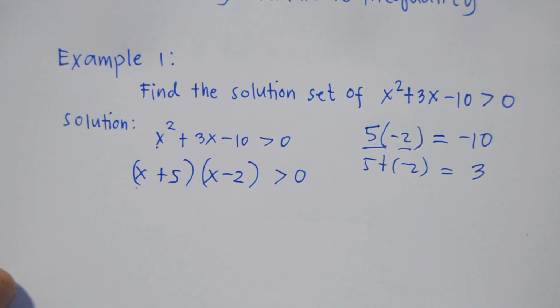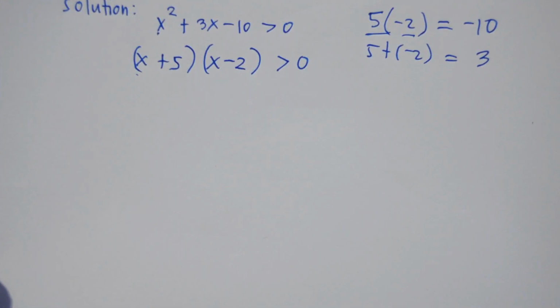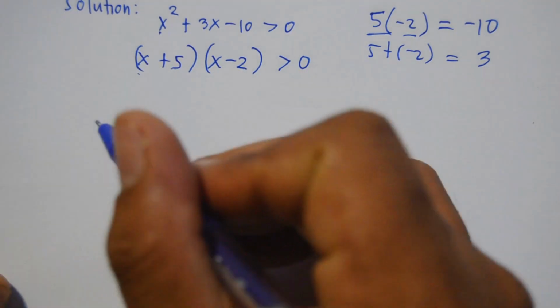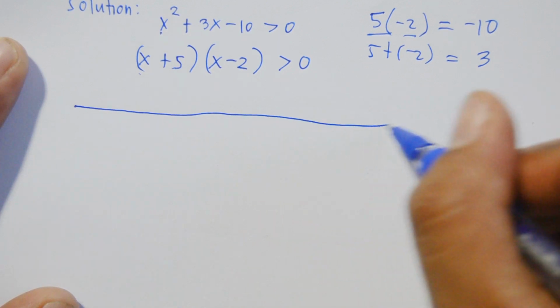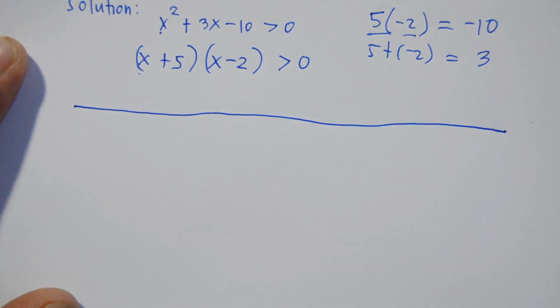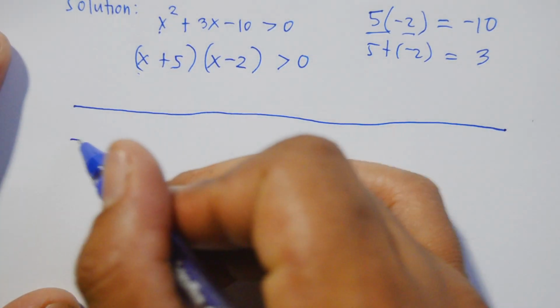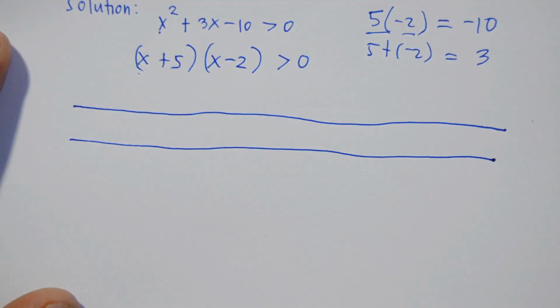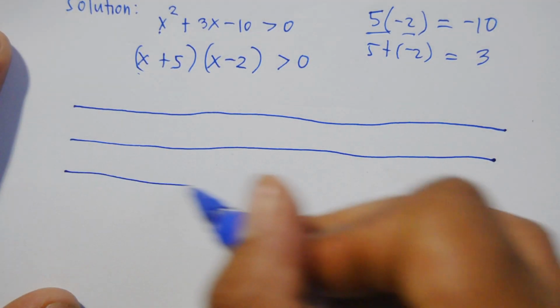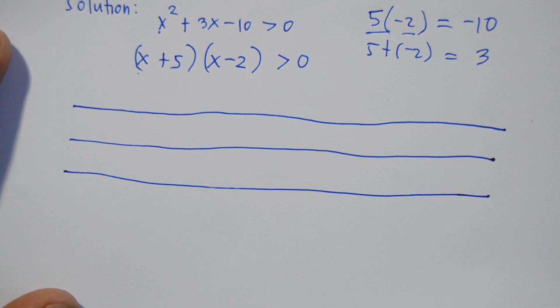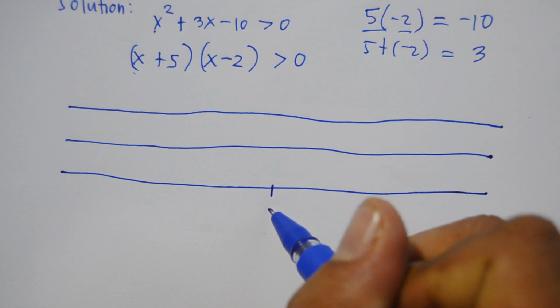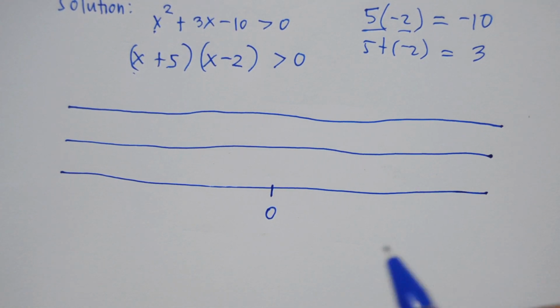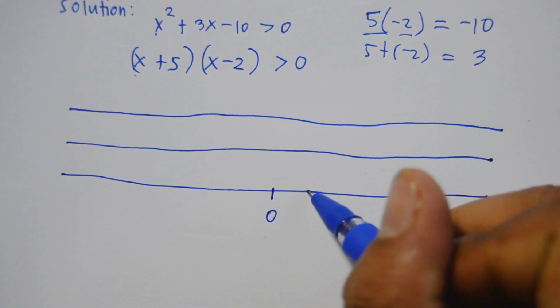Then we are going to create three horizontal lines, in which the third line is the number line. In the center is 0.